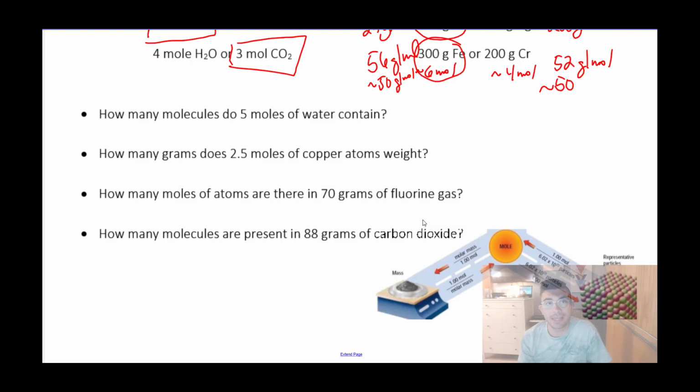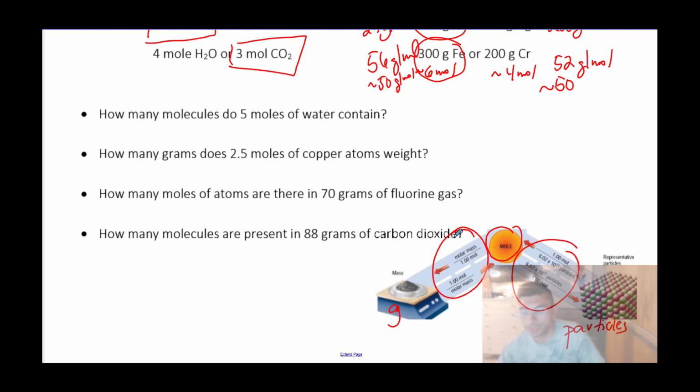That number is telling me how many particles are in a mole. So those are the two units that we can use to convert between, and this diagram helps to show that here, right? The mole is what links grams and particles. And here are the conversion factors that we can use to go between either of those units.